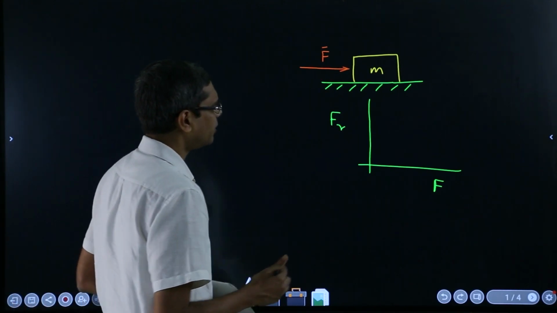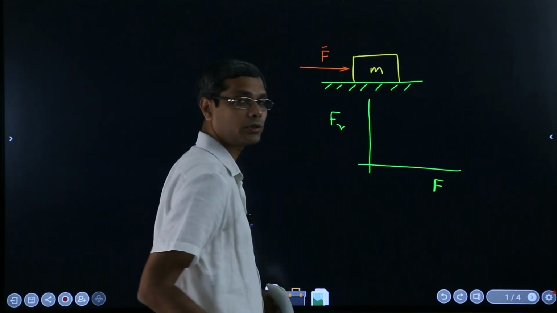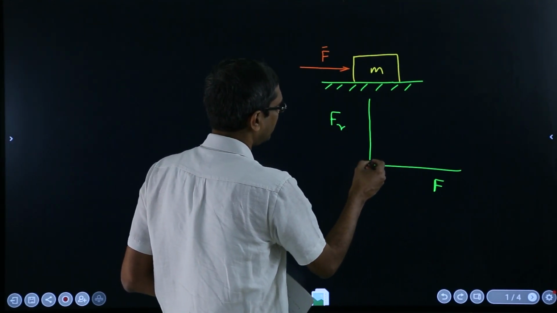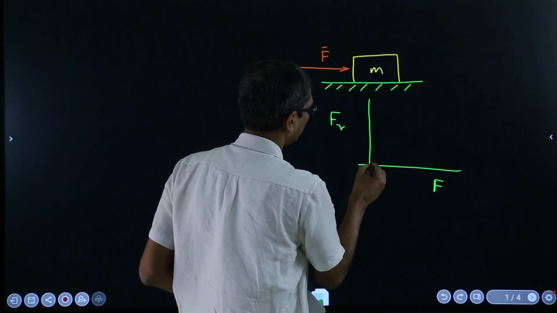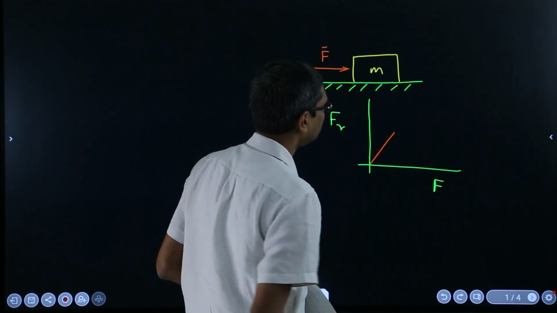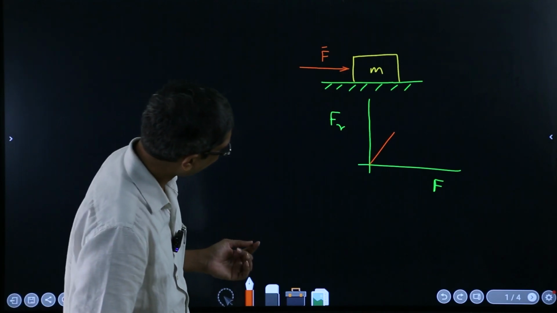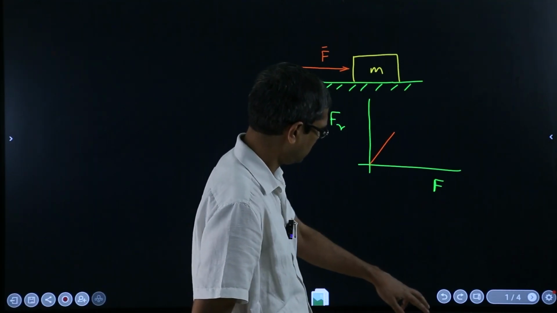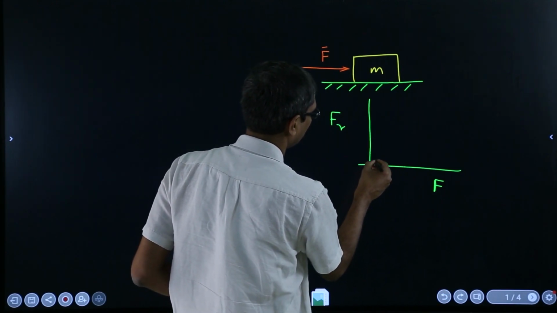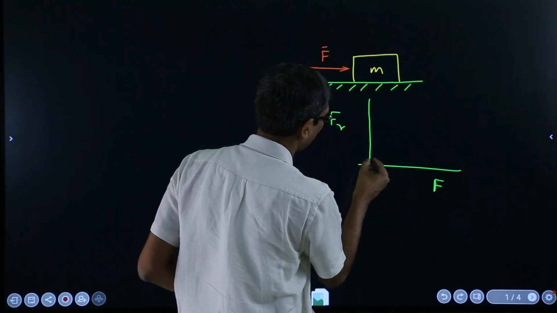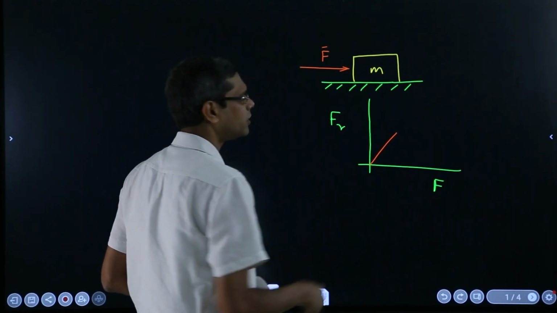When the applied force is 0, the frictional force is also 0, and when you increase the force, the frictional force also increases. In fact, this should be exactly the same as that, 45 degrees sort of. That means this force will be equal to the frictional force.